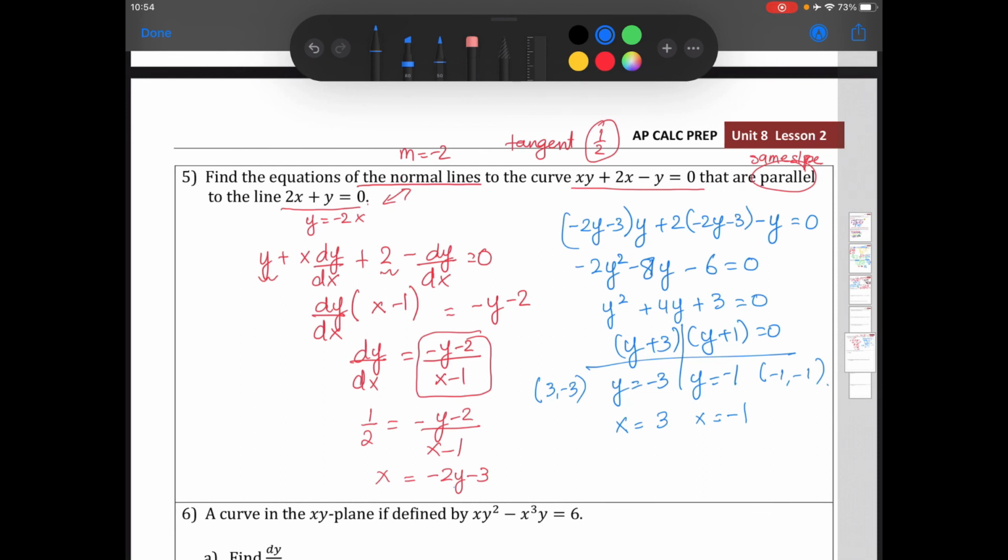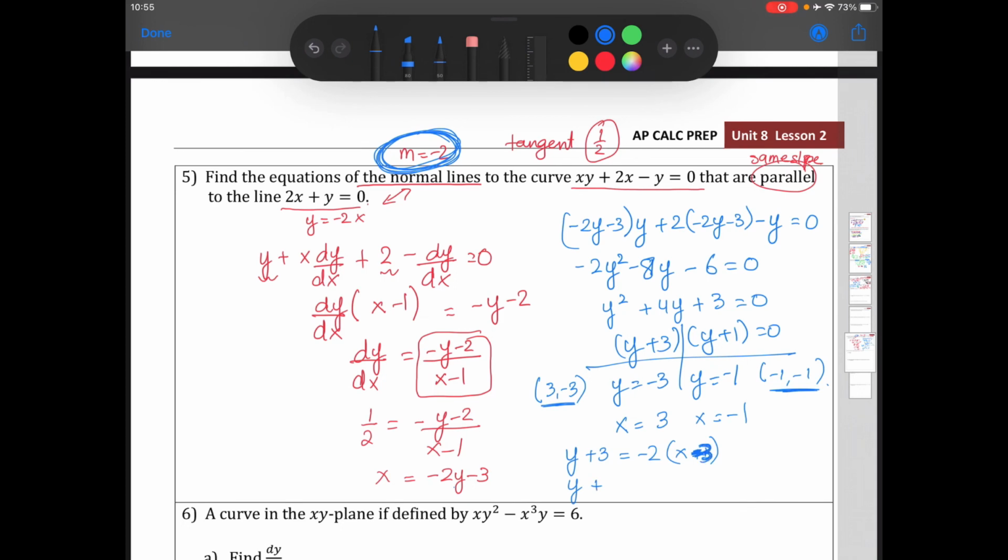Right? So it's asking me for the equations of the normal line. So I know my point. I'm going to use this slope because that's the slope of the normal line, right? So my equations will be y plus 3 equals -2(x minus 3), my bad.